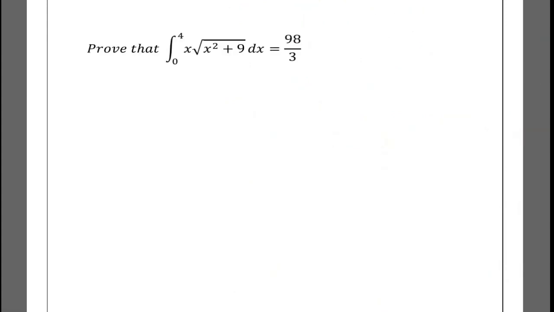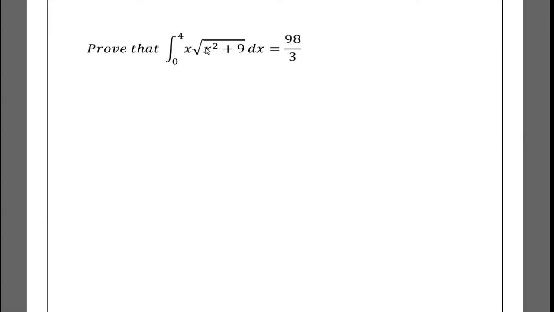Now this one is an actual question where it says, prove that this thing right here equals 98 over 3. So to show that it equals 98 over 3, what you're going to do is again identify your u to generate your du.